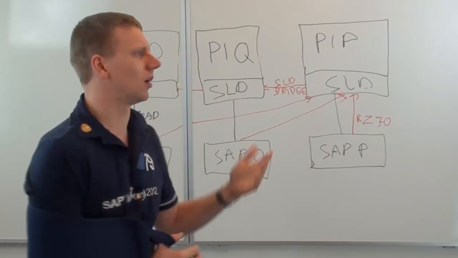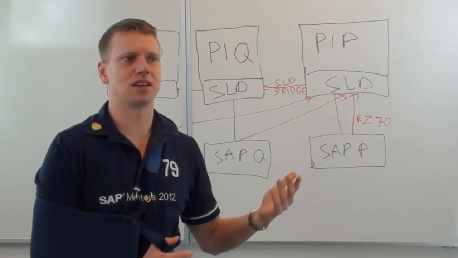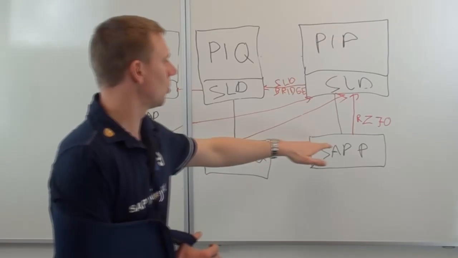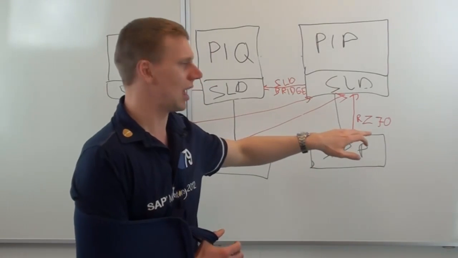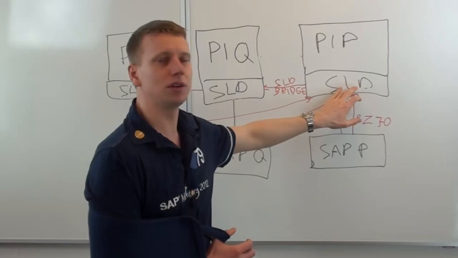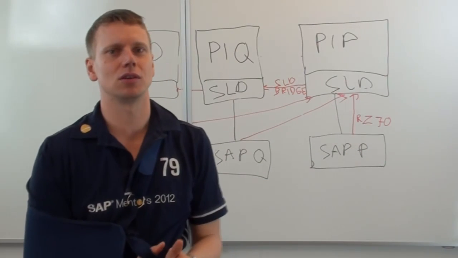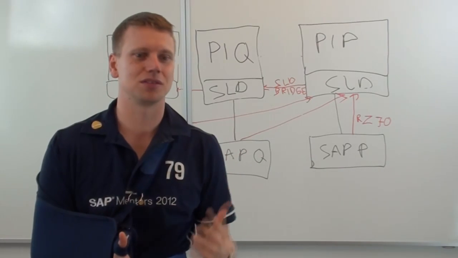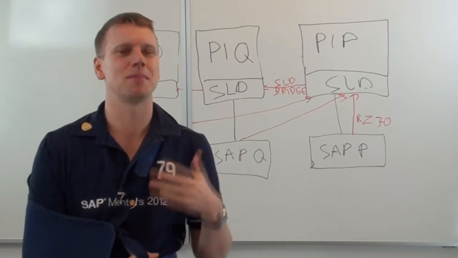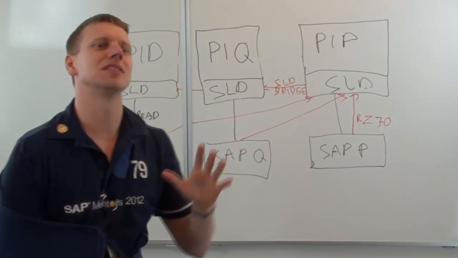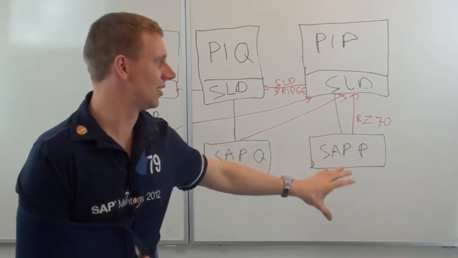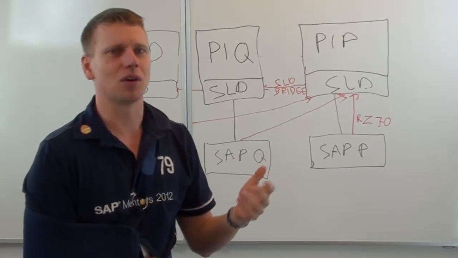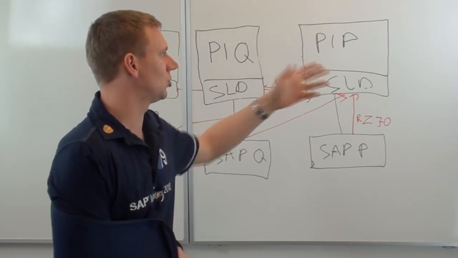You do that on ABAP systems in RZ70, which allows you to go into the system and send up all the different information relevant for this system. It could be what database, what instances, clients, you name it. They are all located here, and they are replicated, I think every 10 hours or so, to the SLD.